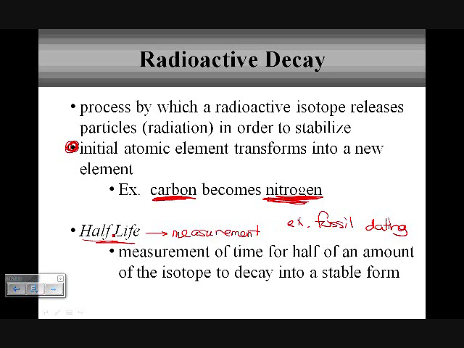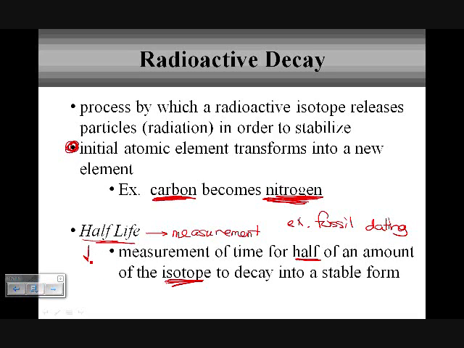We talk about the half-life of the isotopes that are in a particular sample of matter or fossil, because what we're doing is measuring the amount of time for half of the isotope to break down. So by taking a sample and measuring the amount of the isotope that's remaining, we can determine exactly how much would have been there based on how long it takes for these different isotopes to break down.